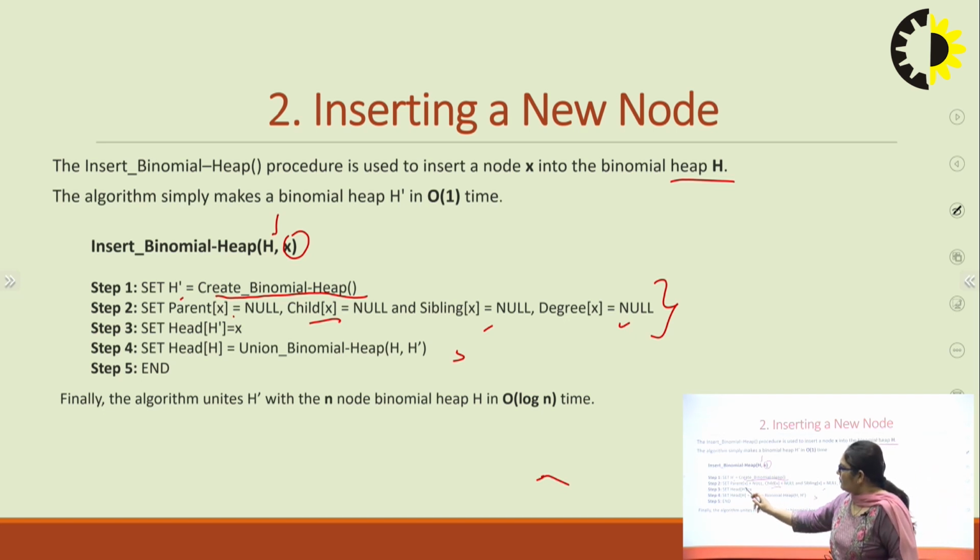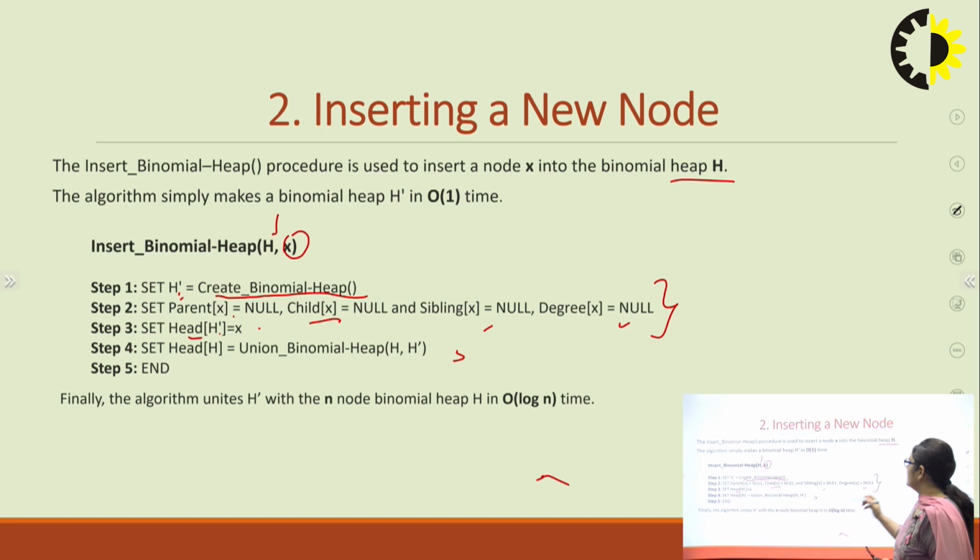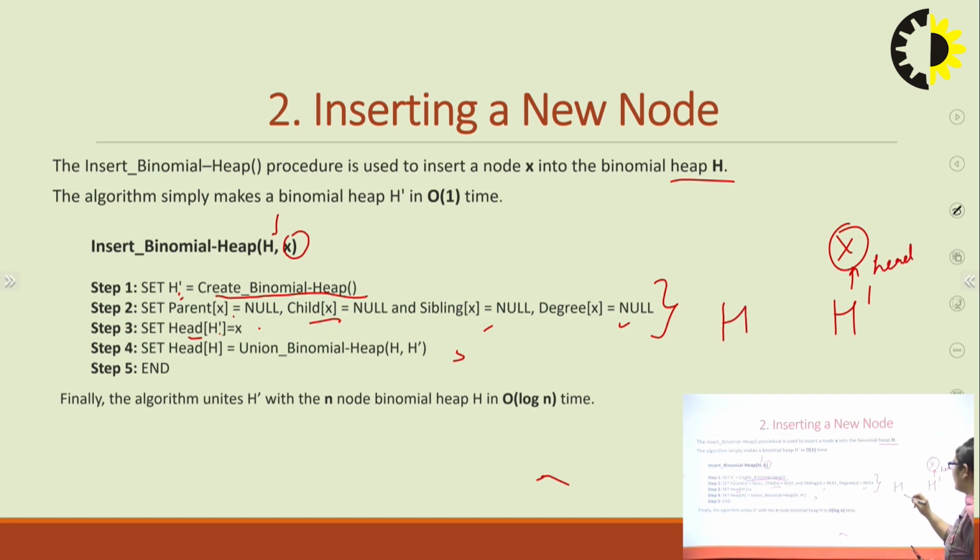Then we set the head of binomial heap H', which we created in step 1, to x. So for the node x that we have to insert, we create a binomial heap H', and the head of H' will point to the node x. And this is the binomial heap H, which is the given existing binomial heap.